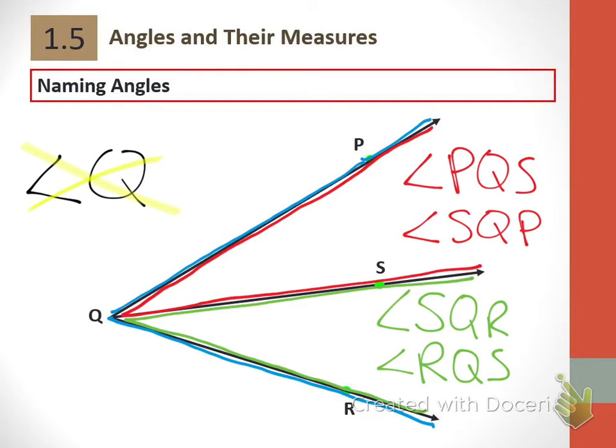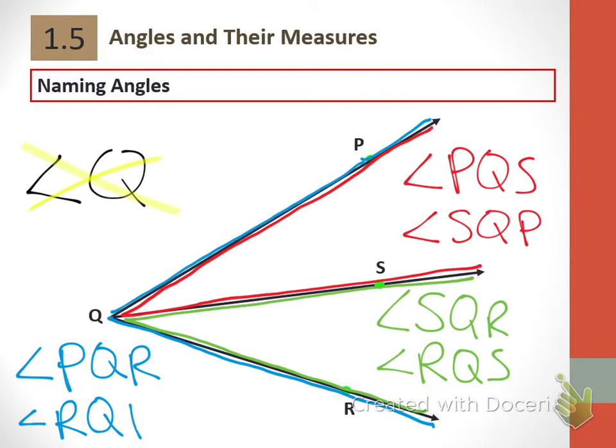The very outside angle. And we would name this one PQR, or we could reverse it to RQP.